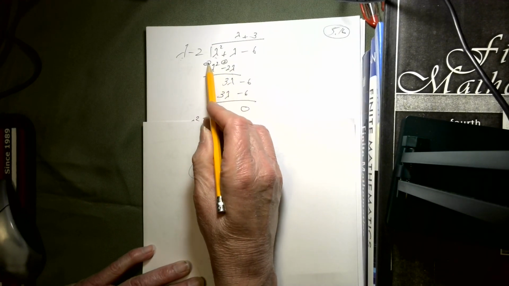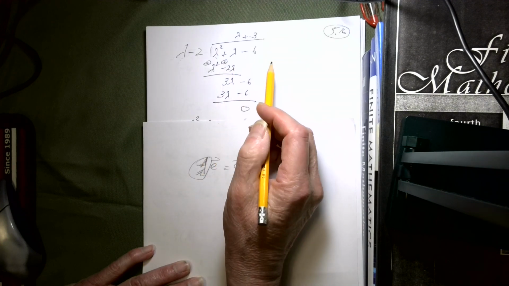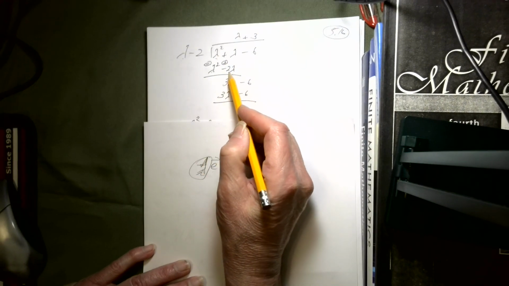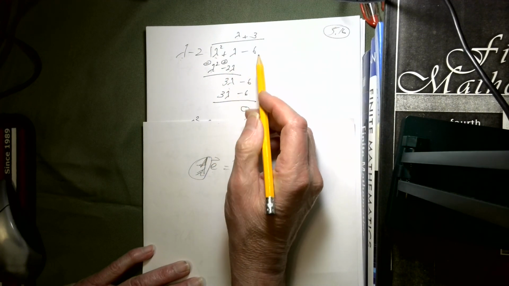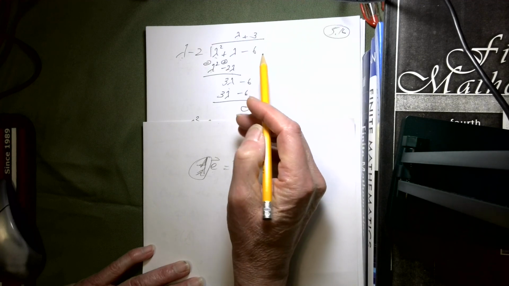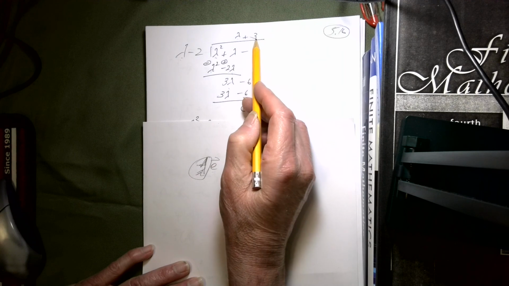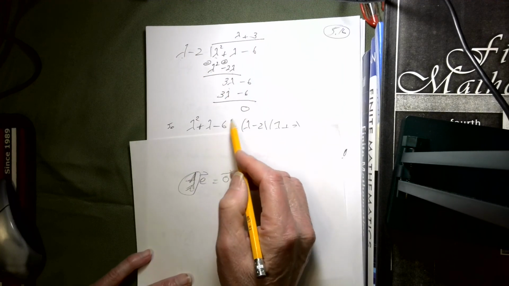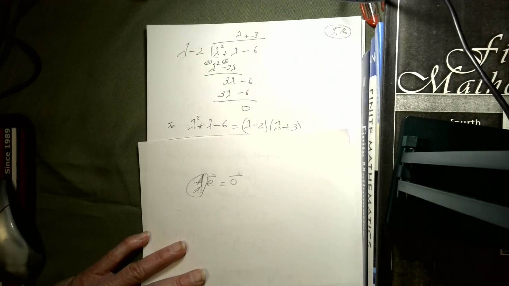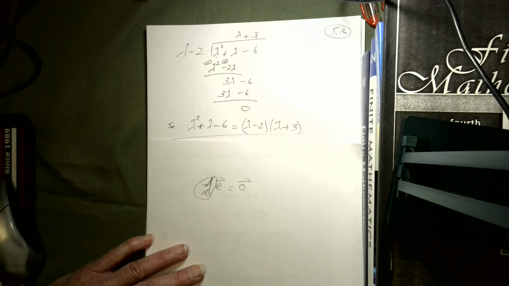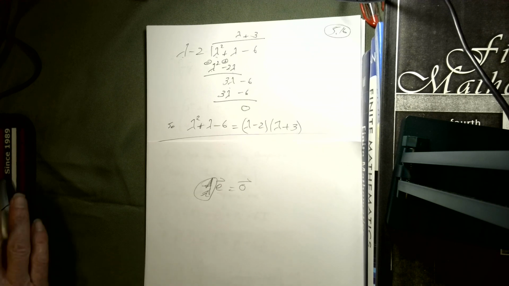Whatever was positive becomes negative, whatever is negative becomes positive. 2 lambda minus lambda is 3 lambda, bring down the 6. What times lambda gives me a 3? Obviously 3. Multiply, and guess what? You get a remainder of 0, so we can factor that. Everybody okay with that?